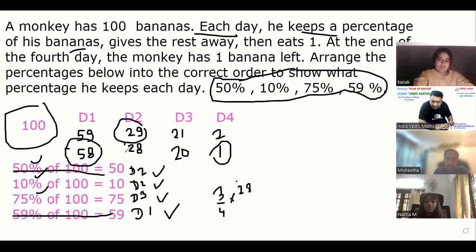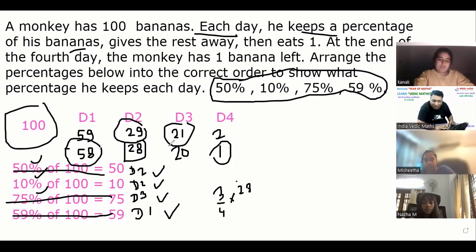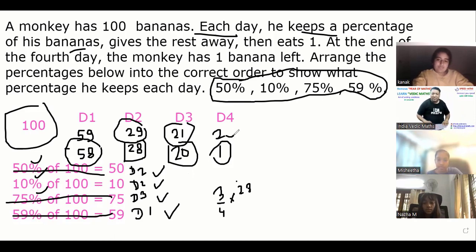You ate 1, 28 remaining after day 2. Now the number is 28. 10% will not give a round figure, but 75% of 28 will. 75% of 28 is 21. So day 3 is 21. This is also done. So 21 bananas he has, he ate 1, 20 remaining. And finally, last day 10%. It's a good question. Very nice, Mishita.